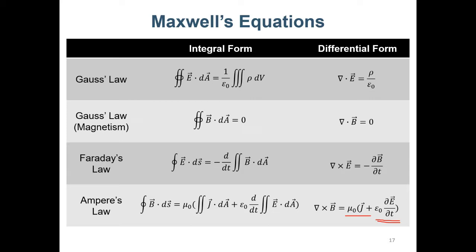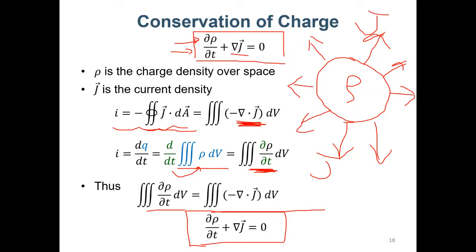But you may question whether it needs a third term or fourth term. Actually, with the conservation of charge, these are exactly the two terms we need. We don't need other terms to make it complete. These two terms are sufficient.